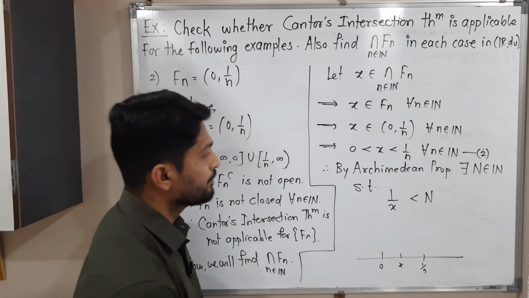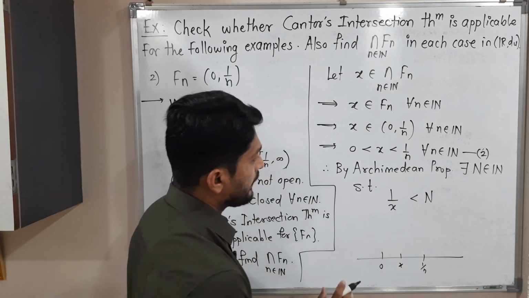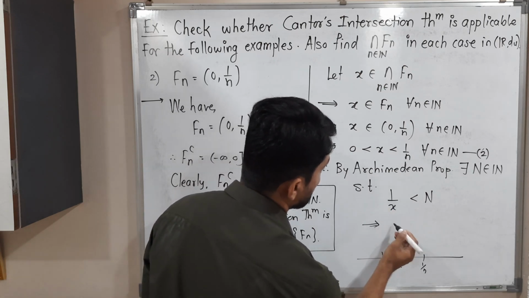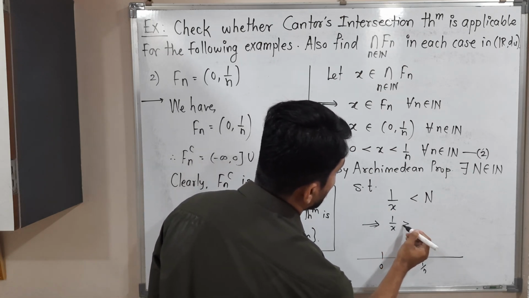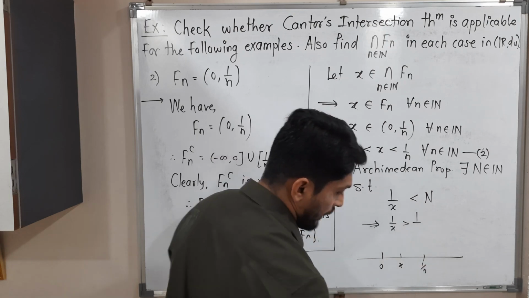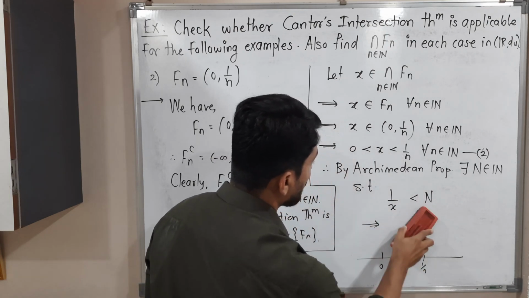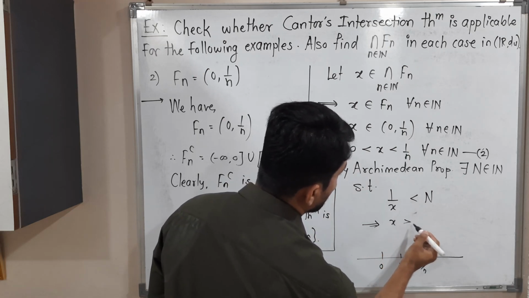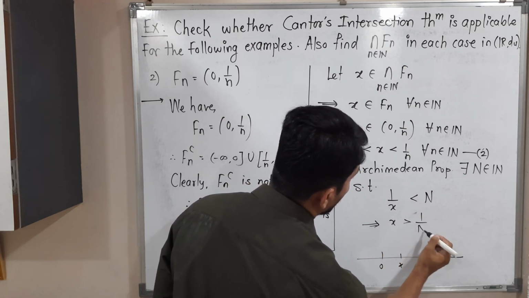Since x is non-zero, you can definitely do this. I will take reciprocals of both sides. Let us take the reciprocal of 1/x. The inequality will get changed, so I made a mistake. If you take the reciprocal, x will be in the numerator, the inequality will get changed, and n will be in the denominator.